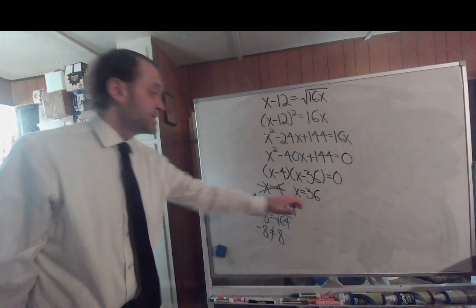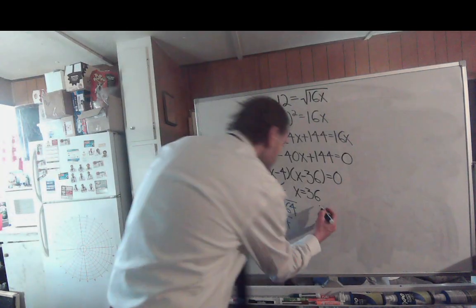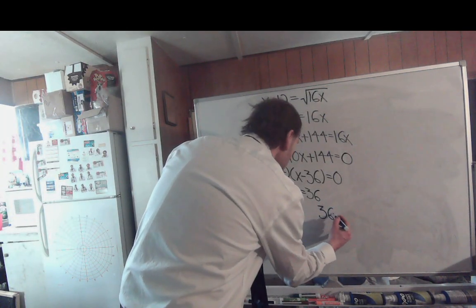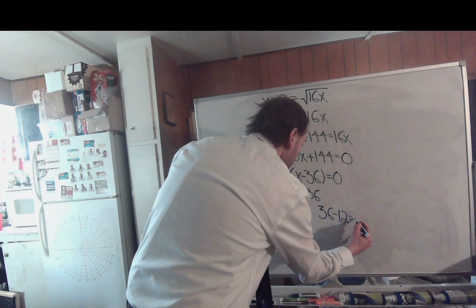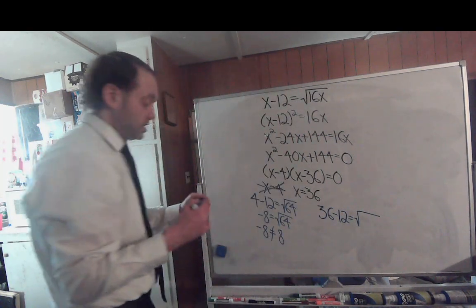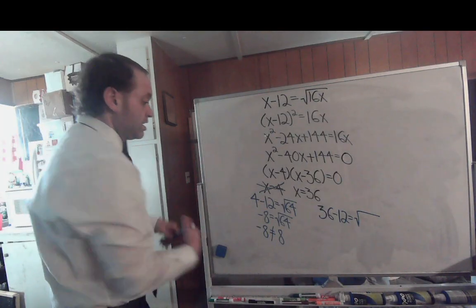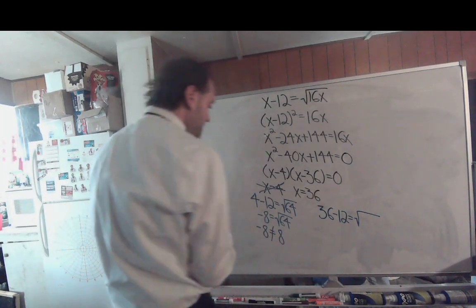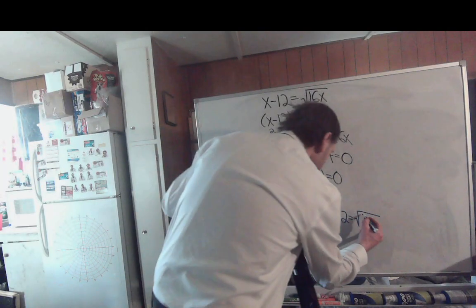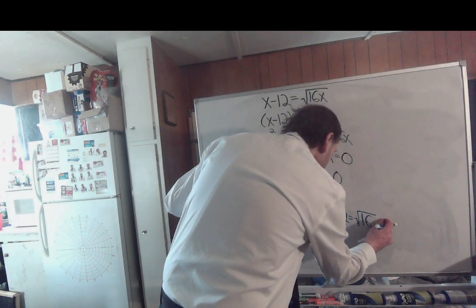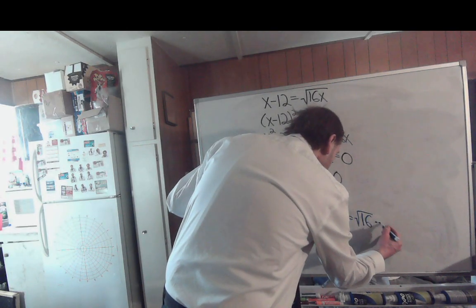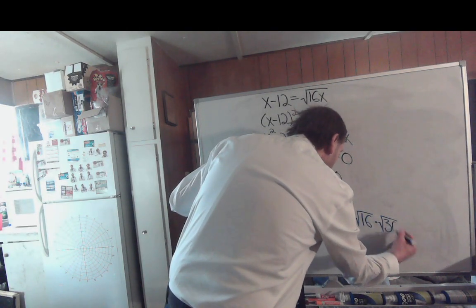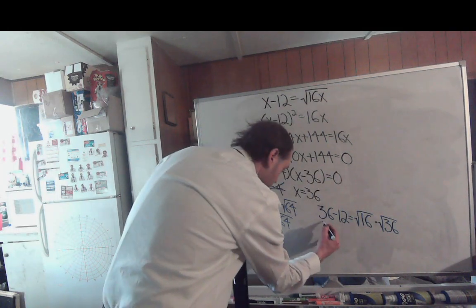But let's look at x equals 36. So put in 36 minus 12, set that equal to the square root of 16 times 36. Well, 36 minus 12 is 24.